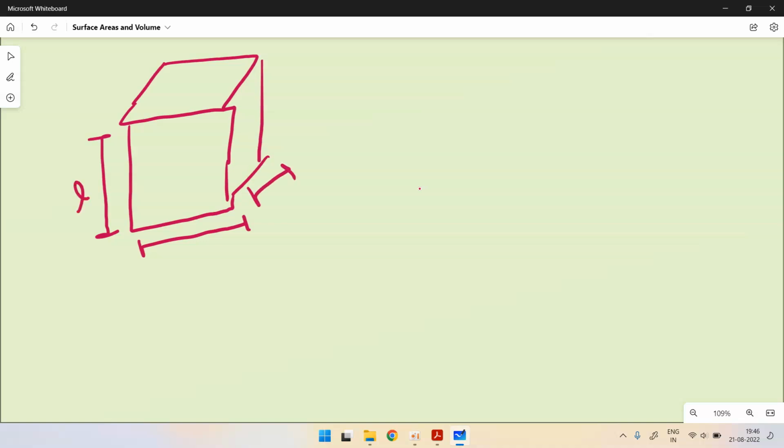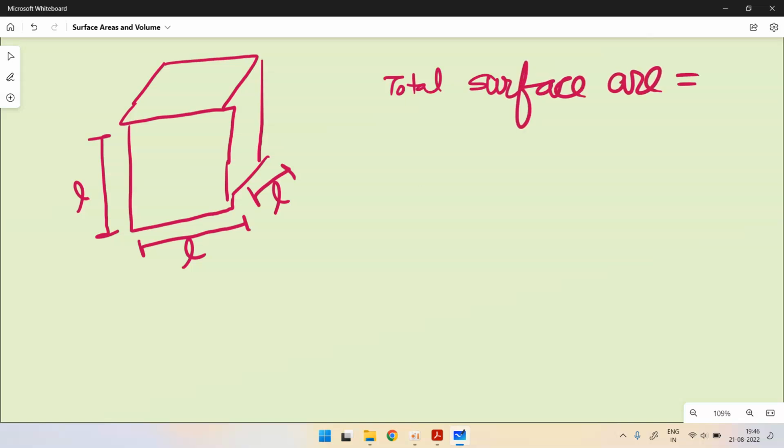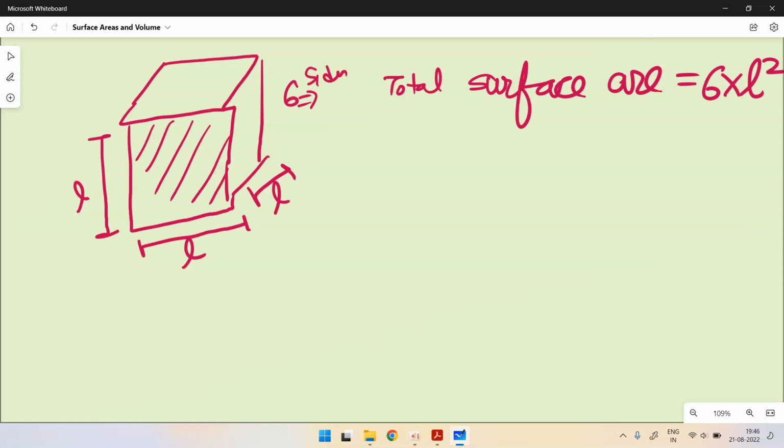If this is L, this will also be L, and this will be L. Total surface area will be 6 into L square. Why 6 into L square? Area of one side is L into L, that is L square. Total 6 sides are there in a cube, so 6 into L square.